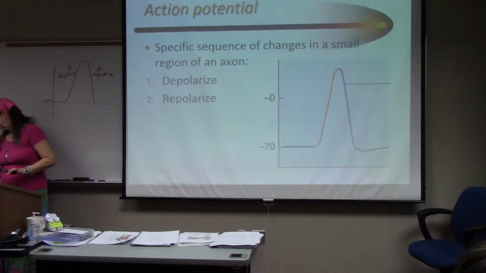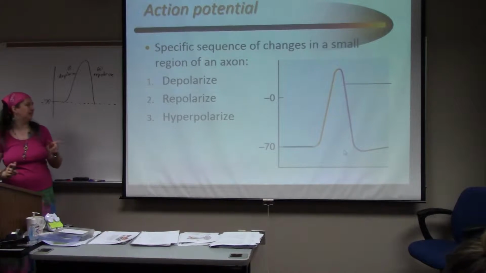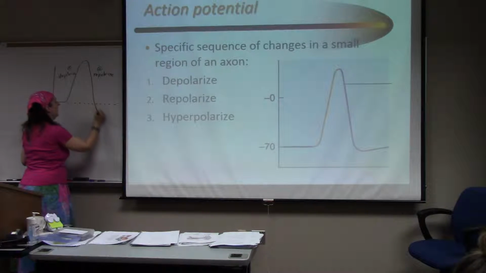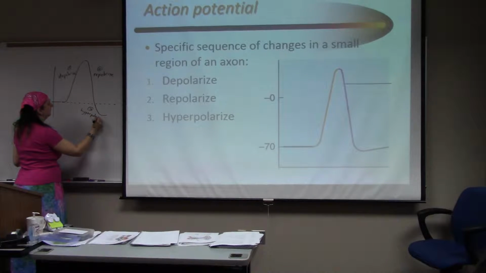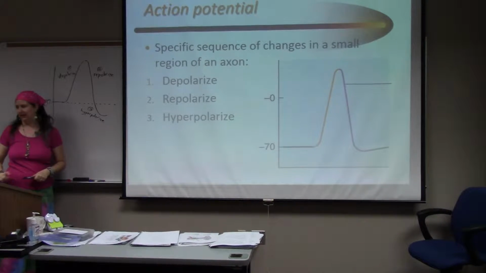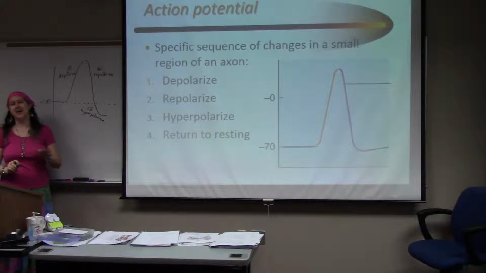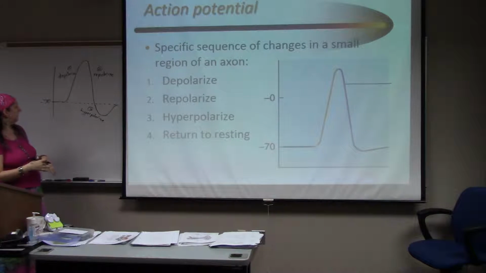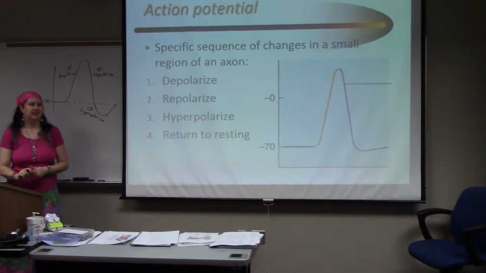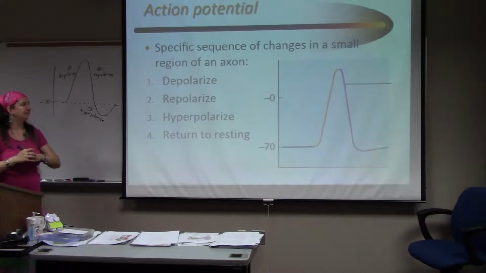Before it, so instead of just going back to resting, it's going to hyperpolarize. And then it returns to resting. Okay, and this dip was probably further than it really would be, but just to show you the idea.